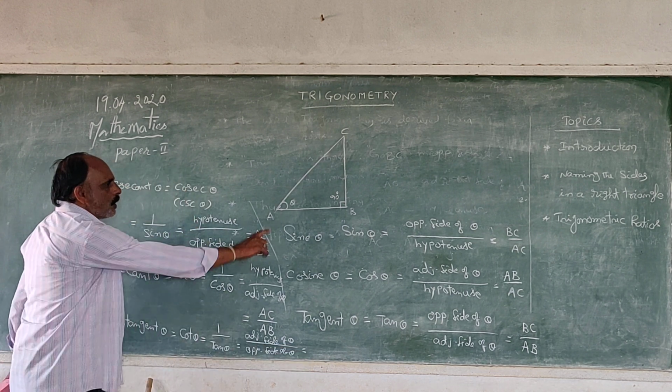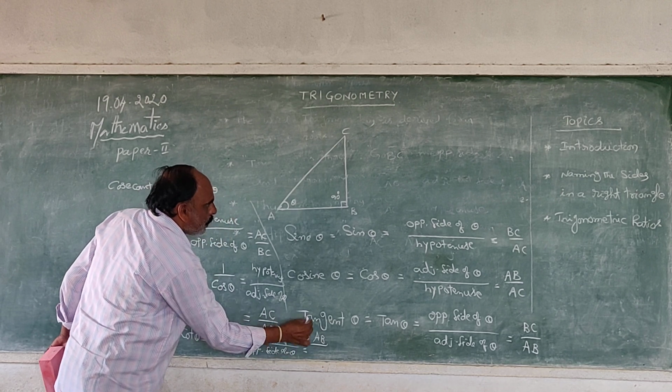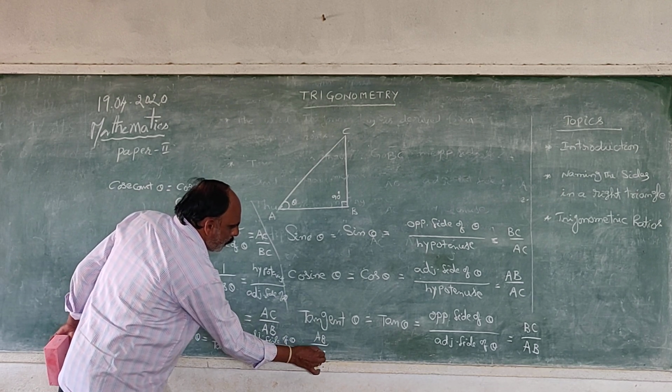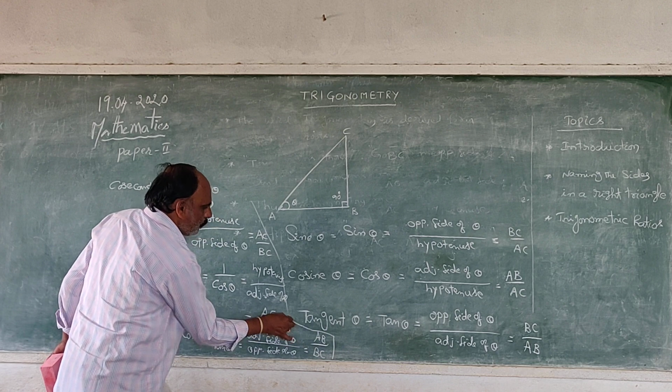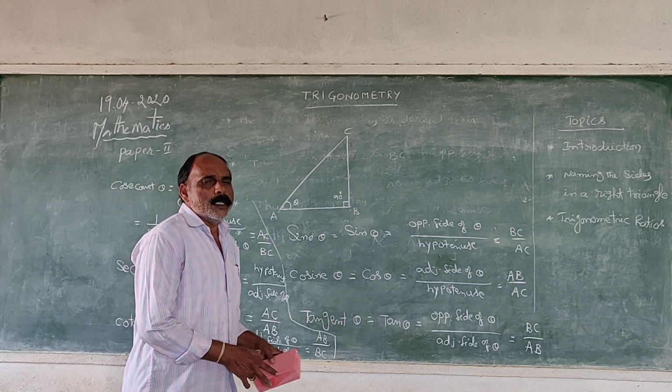From the figure, adjacent side AB by opposite side BC. So AB by BC. This is the most important topic, trigonometric ratios.